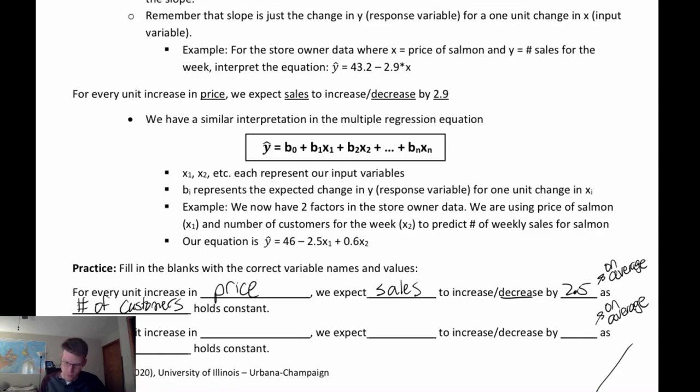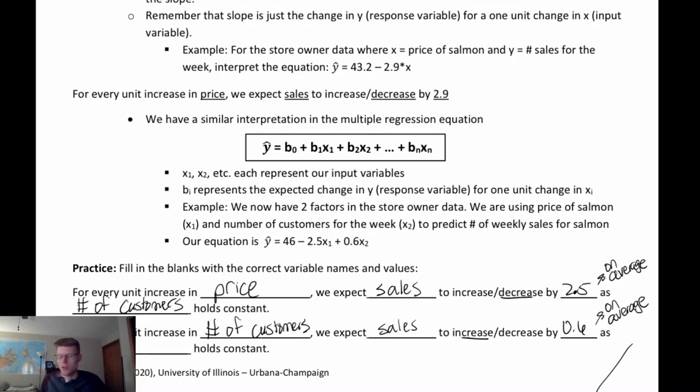But this is the average change that we've observed. And now I can also interpret the coefficient for number of customers. So for every 1 unit increase in number of customers, we expect sales to increase by 0.6 as price holds constant.